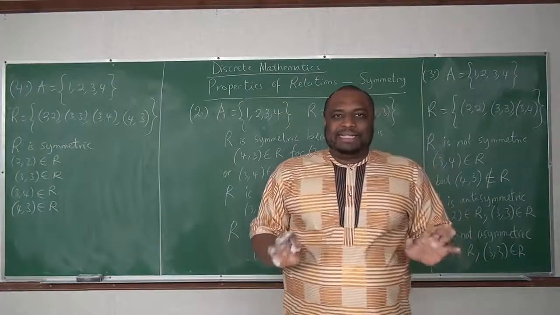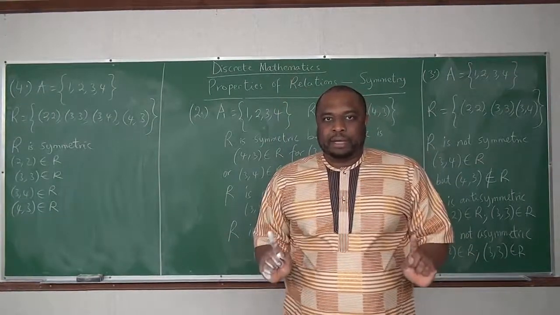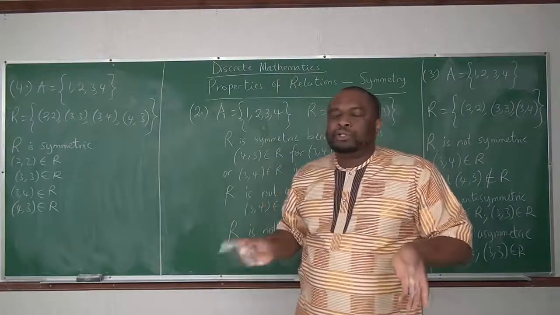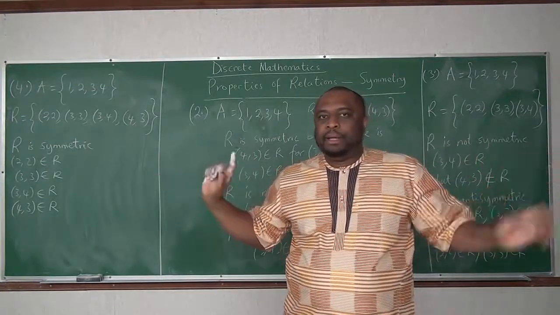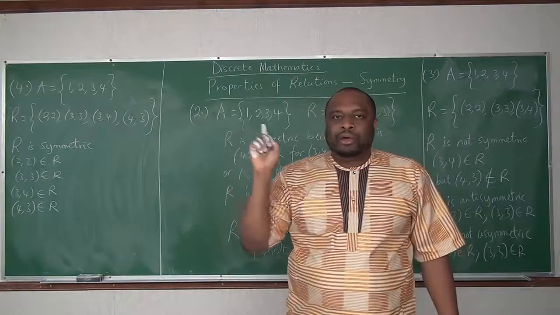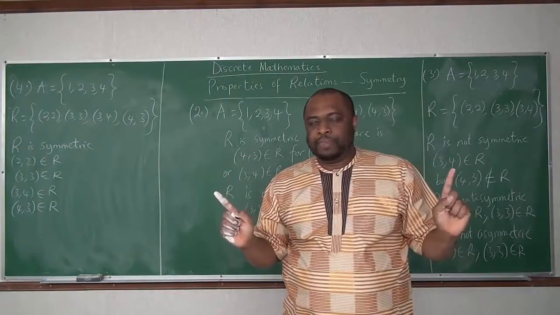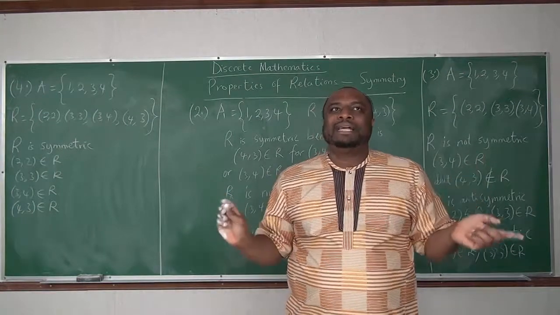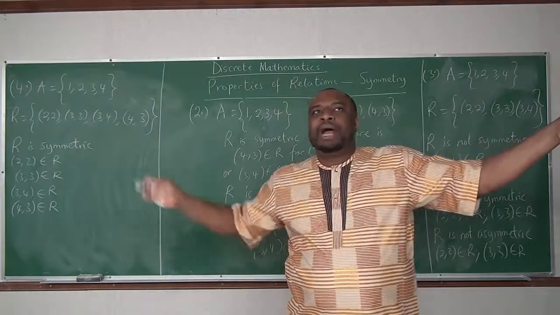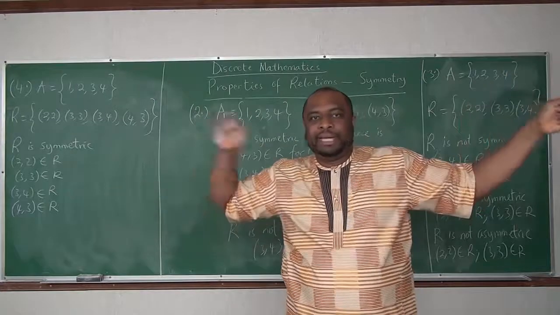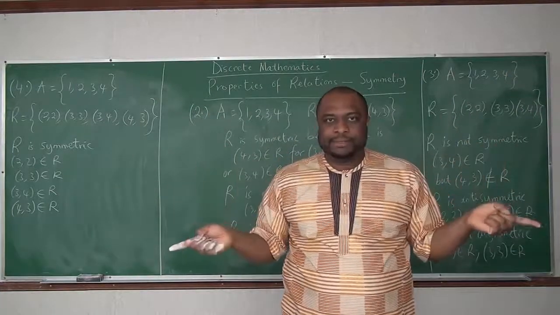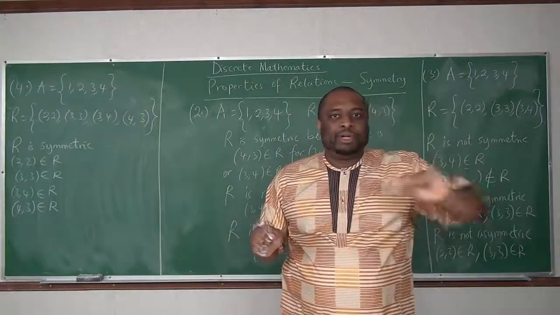Is it antisymmetric? No, it's not. Now you have 2, 2, you have 3, 3. Great. But then you have 3, 4, and you have 4, 3, and 3 is not equal to 4. So with antisymmetric, whenever you have 3, 4 and you have 4, 3, then 3 must be equal to 4. Must. That is the only way antisymmetric works.